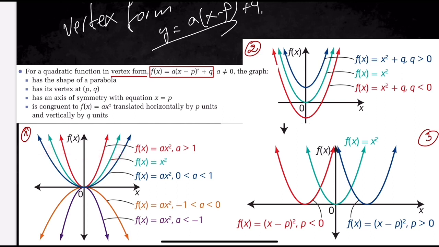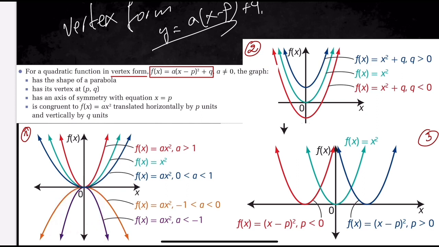If the original graph is stretched, like it becomes smaller, less wide, that means your a is greater than 1. If your a is positive, that means your parabola is upward, going from one side to the other side, but it is looking upward. If your a is negative, that means your parabola is downward. Okay, this is the job of our a.